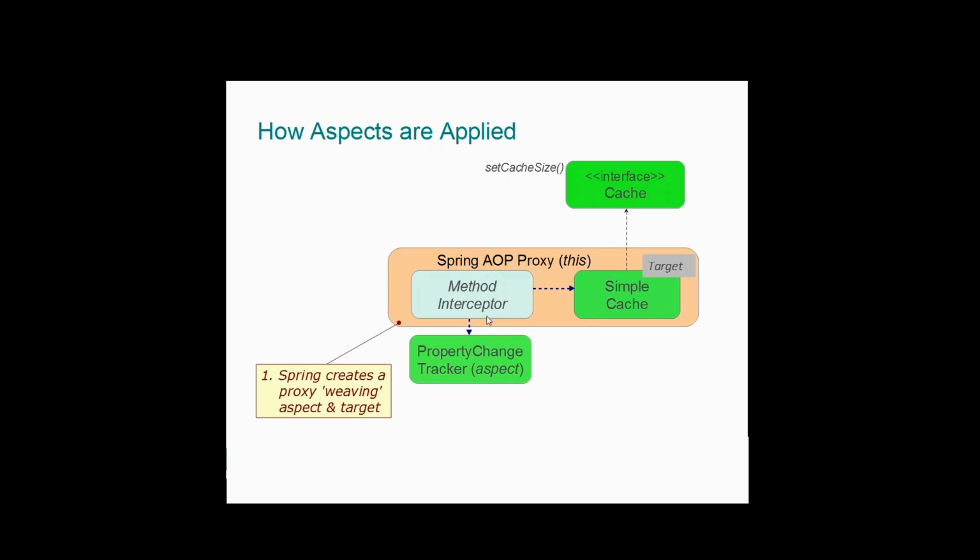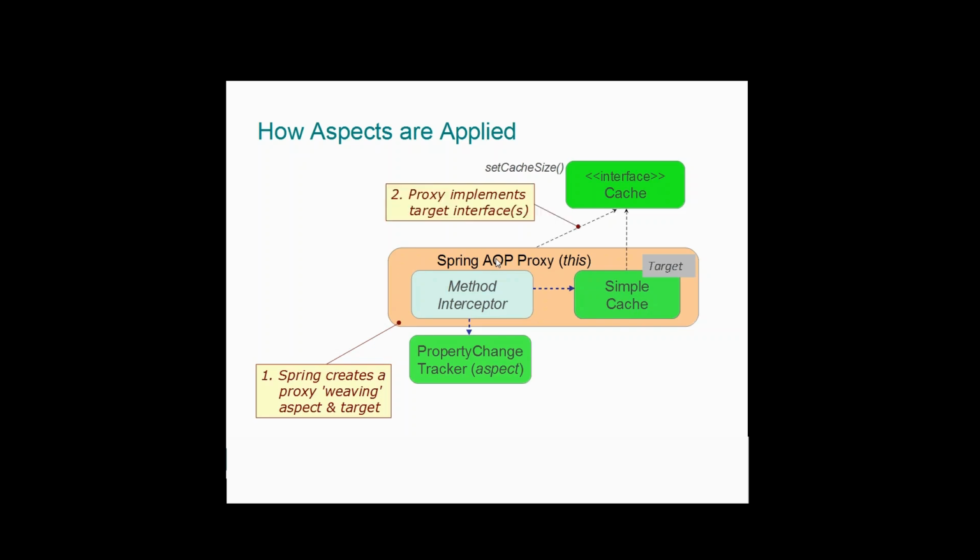And there is a method interceptor. Now whenever you look up the simple cache bean, you don't get a reference to this object, rather you get a reference to the Spring proxy object, which we know already.